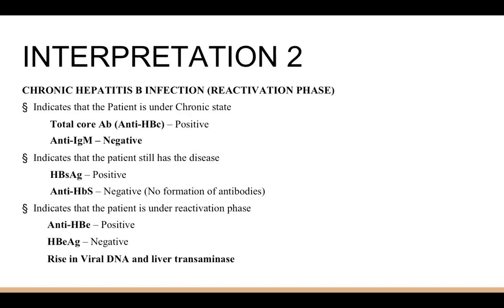And lastly, anti-HBe is positive and HBeAg is negative, which indicates that the patient is in the reactivation phase. In conclusion, this patient's results suggest a chronic inactive hepatitis B infection, also known as a carrier state.